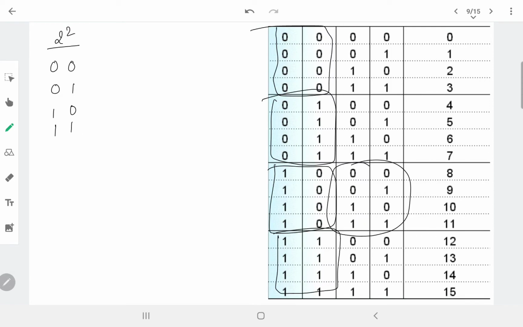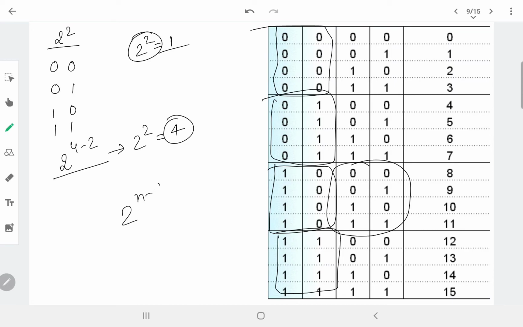Since two digits are fixed, every part has 2 to the power 4 minus 2, that is 2 to the power 2, that's 4 numbers. So basically for every fixed bits we are creating, if two bits are fixed, we are creating 2 to the power 2 parts, and for every part we will have total number n minus fixed digits, and that will give you the numbers associated with every part.